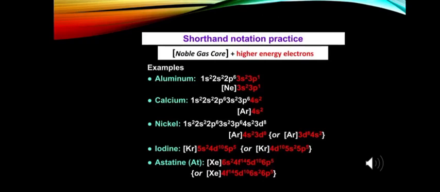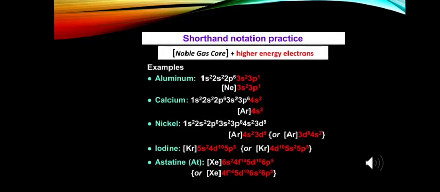For calcium, we have electronic configuration 1s2, 2s2, 2p6, 3s2 and 3p6. It is the electronic configuration of argon. So we use argon instead of writing down the complete configuration, along with the higher electrons: argon along with 4s2.